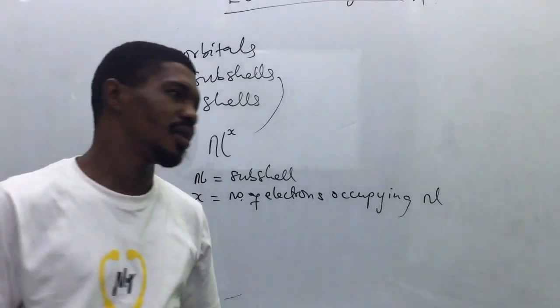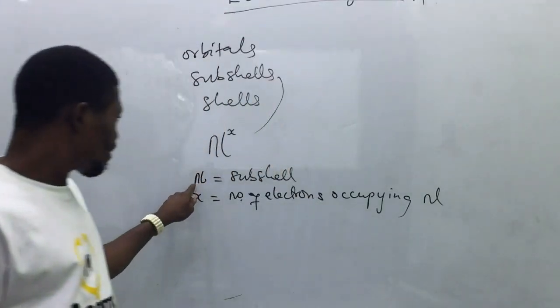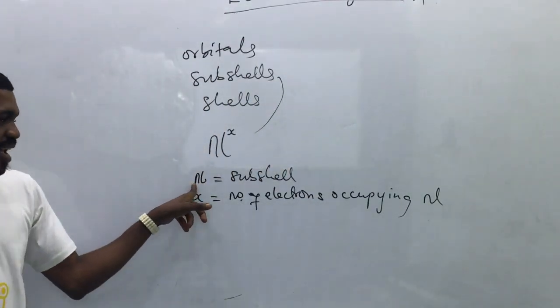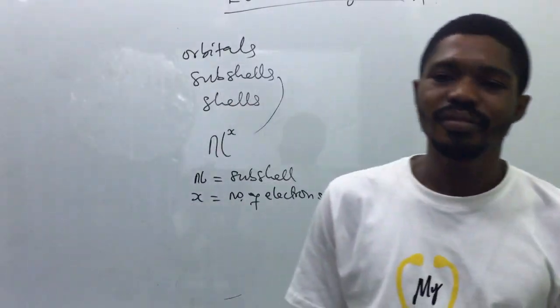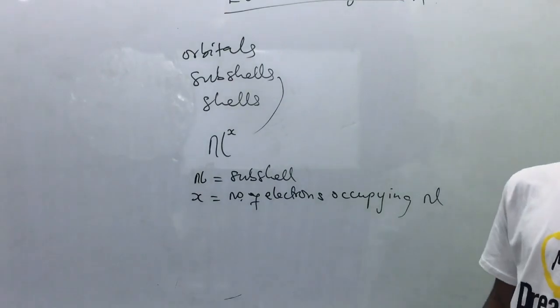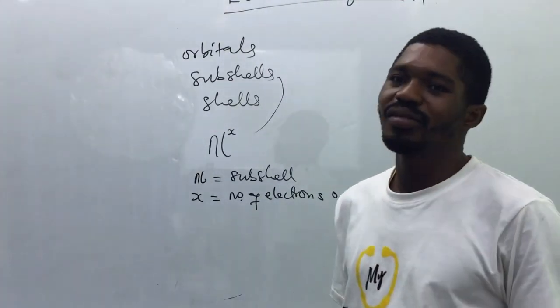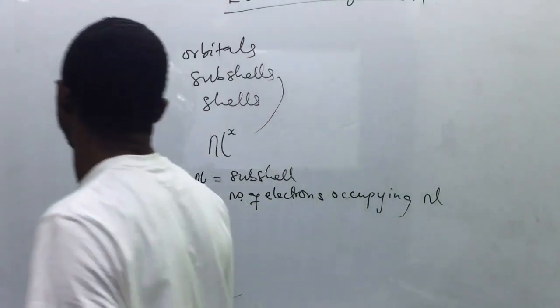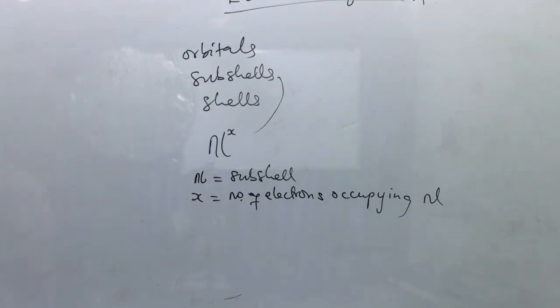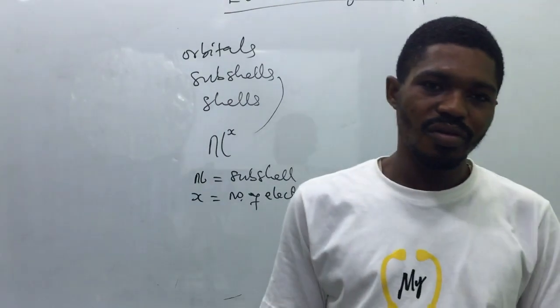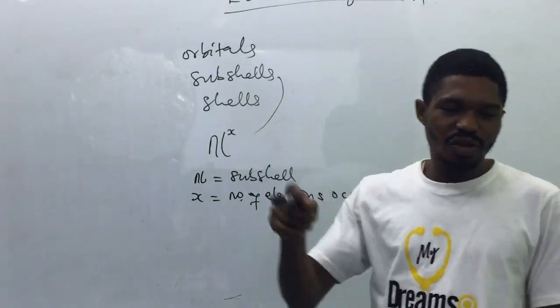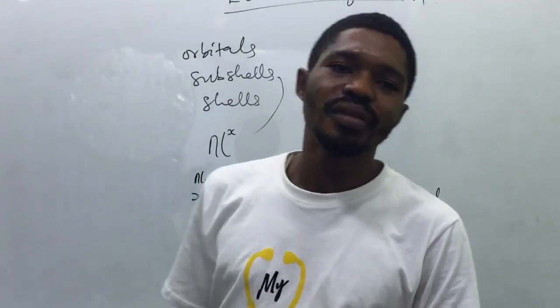The letter N signifies the principal quantum number, which represents the shell. The small letter l represents the azimuthal quantum number, which describes the subshell.